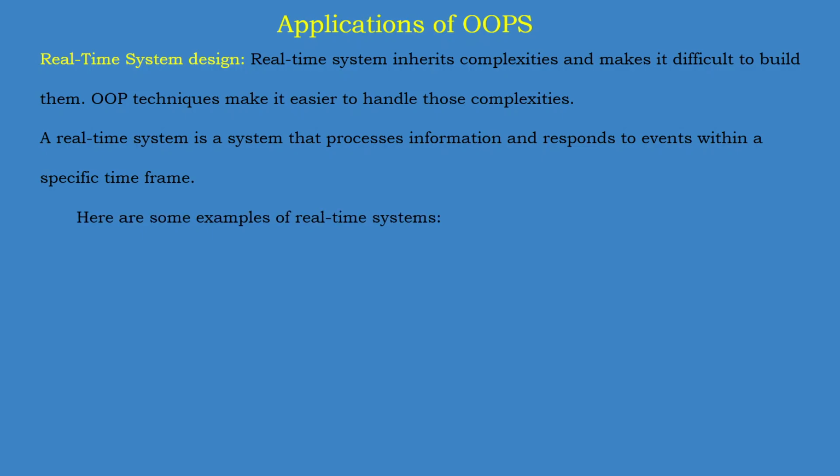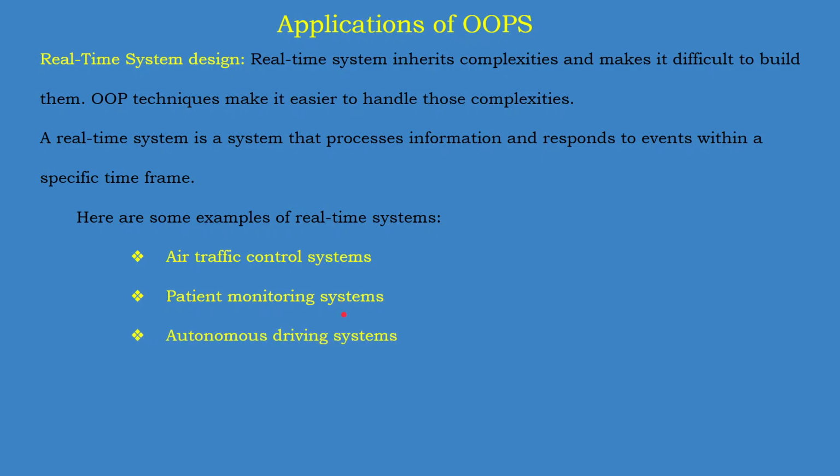Examples of real-time systems are the air traffic control system, where air traffic should be controlled dynamically based upon the weather conditions and the surroundings, otherwise it will create confusion in the traffic. Likewise, the patient monitoring system, where the patient's health is monitored dynamically to treat patients in proper time.